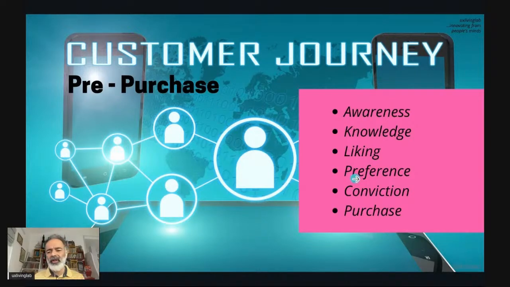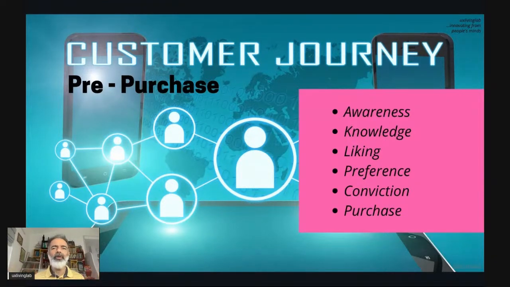Some people reduce it to three stages, but I always recommend the six-stage customer journey. The first step is awareness. How does your customer get awareness about your product or service, about your brand, and at the same time about competitor brands? From your advertisements, from a third party, from the shop, or different channels.